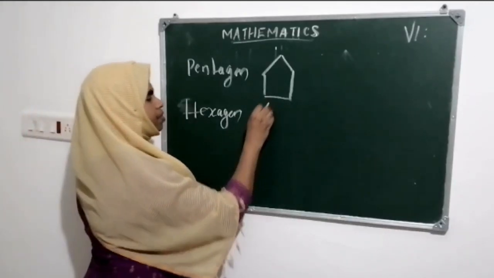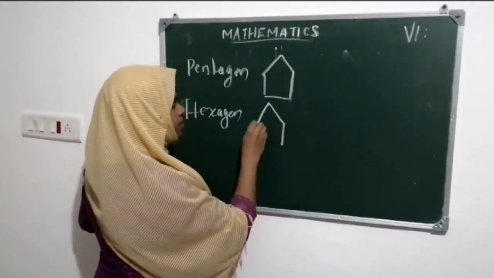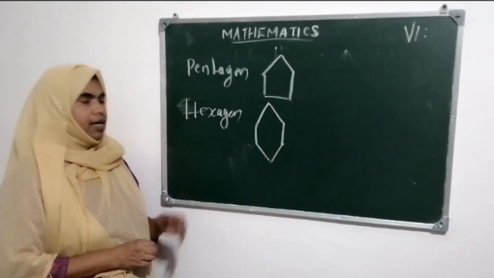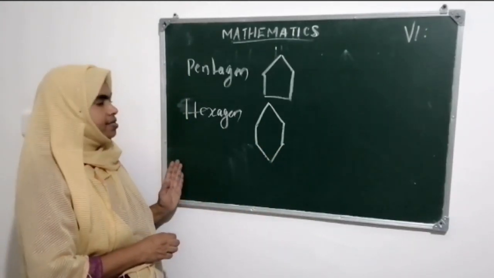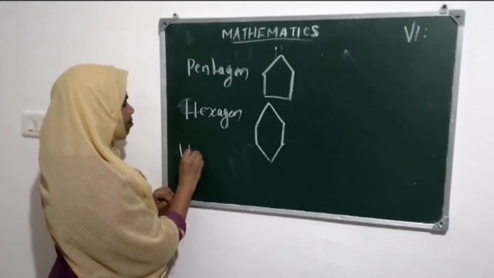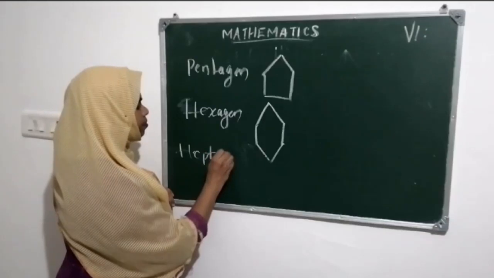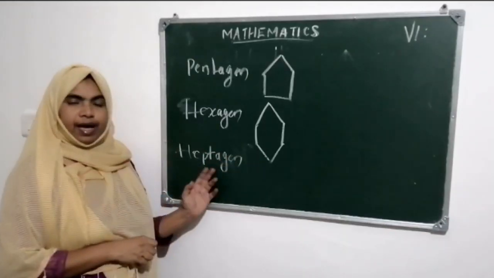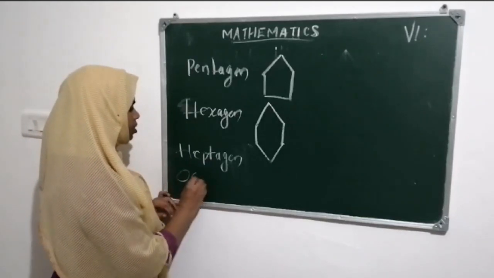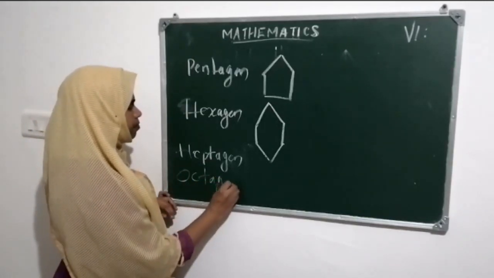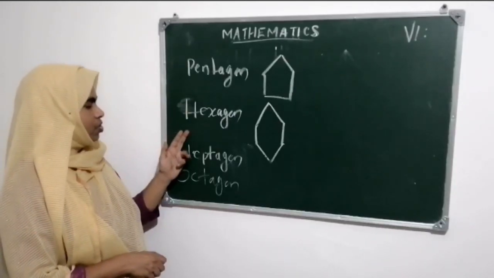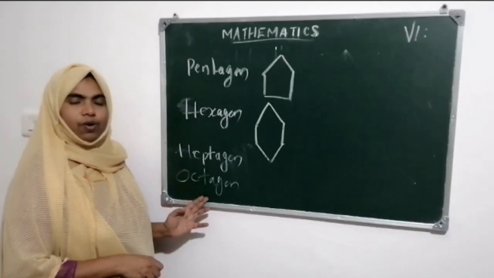See, this is a hexagon. If it has 7 sides, we can say heptagon. If it has 8 sides, we can say octagon. So, pentagon, hexagon, heptagon and octagon.